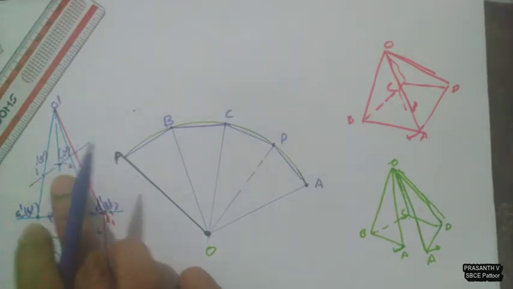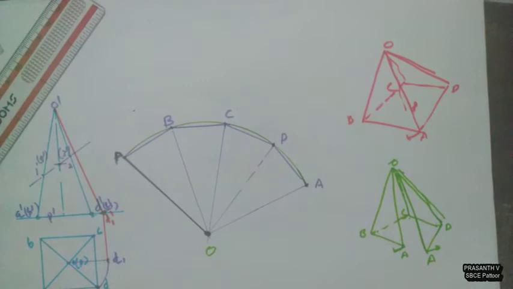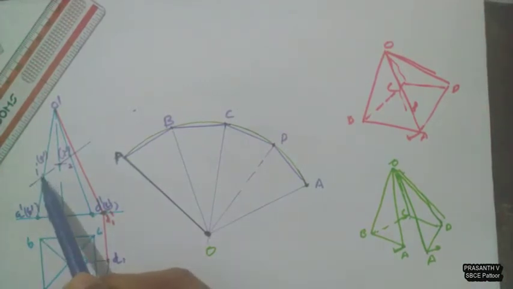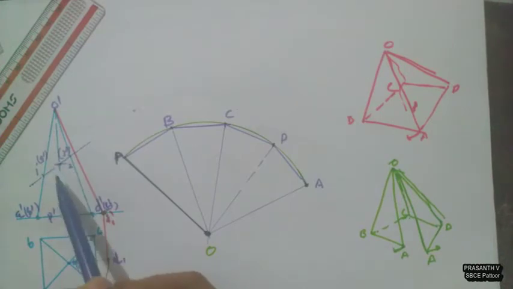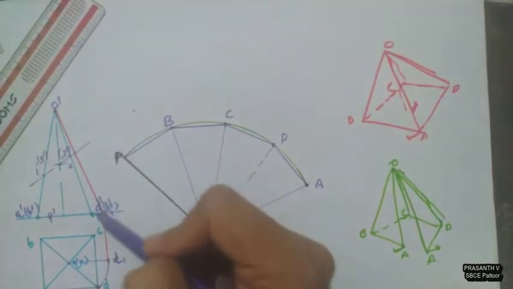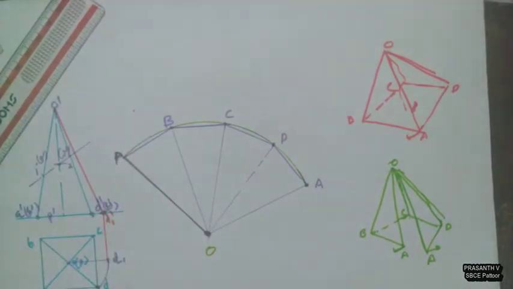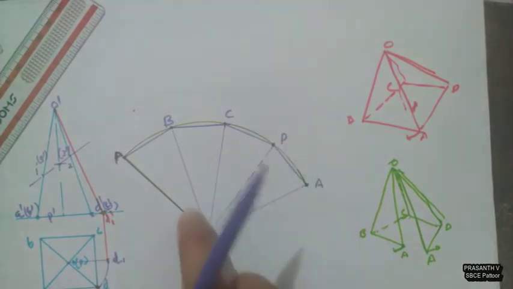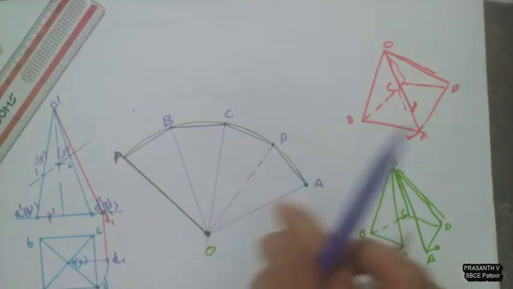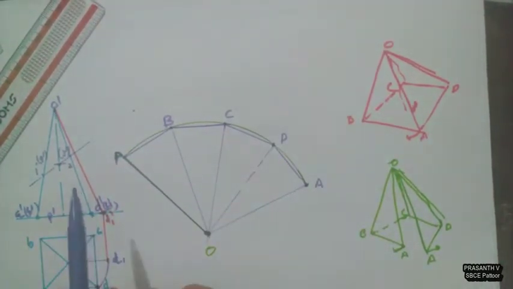Now you have to mark the cutting points in the development also. But remember one thing, here the cutting points 1, 2, 3, 4 are not on the true length lines. Here AO, BO, DO, CO, all these lines are not true lengths. But in development, all the slant edges AO, BO, CO, DO are true length.